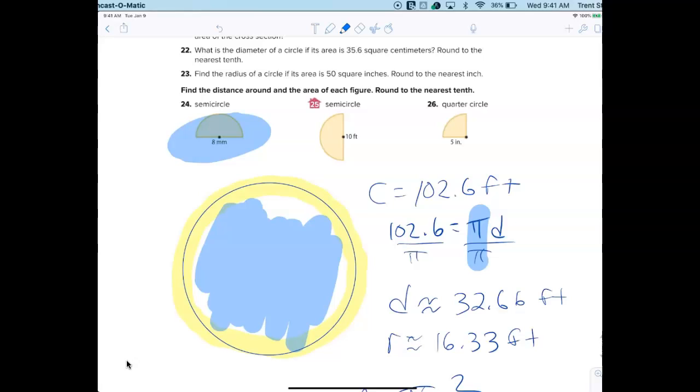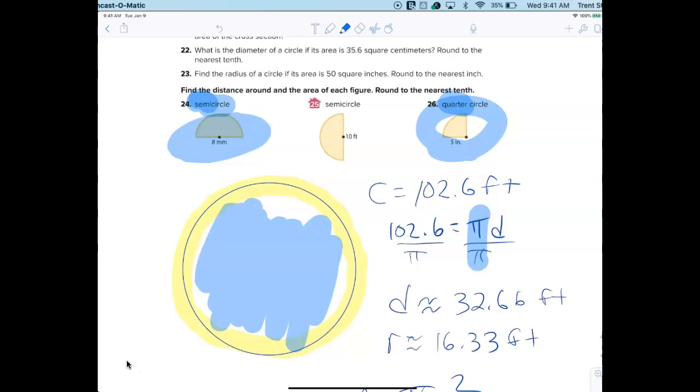Now, here's the hard part. What about 26? Divide by 4. They kind of give it away because they say it's a quarter of a circle. Over here, semi means half. Is everybody good with that now? For the dot, it says like 8 millimeters. Is that the radius?